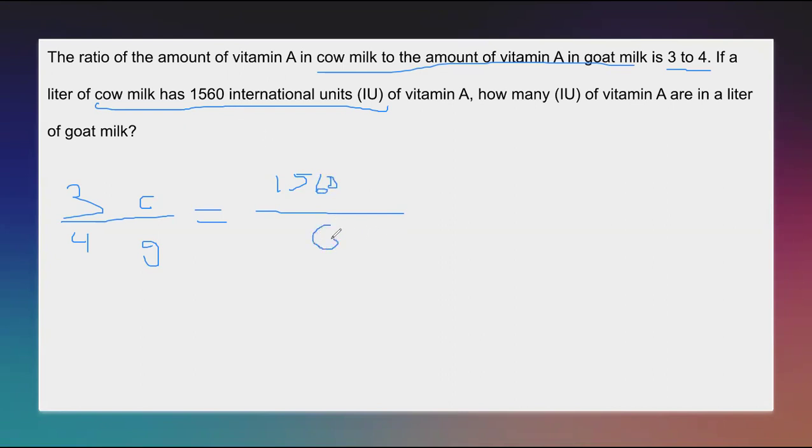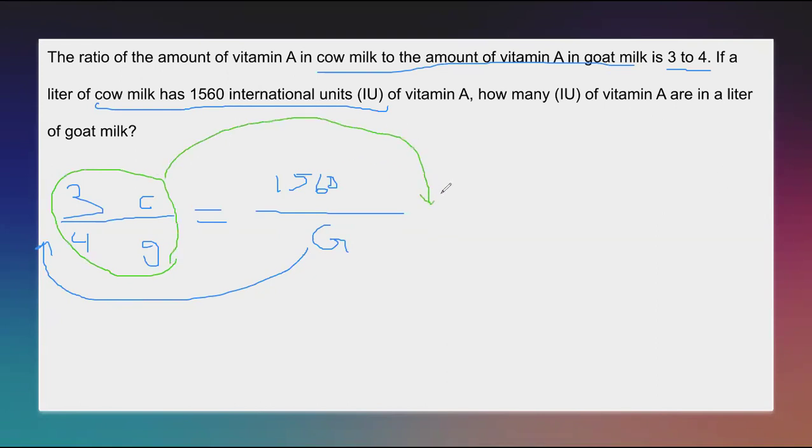So I'll go ahead and make that capital G. So you can see it's the same setup as last time where we have our variable on the bottom. So instead of bothering with that math, what we can go ahead and do is just bring G over here and bring this whole fraction over to the other side. But if we're bringing it to the other side, then we have to flip it as it goes. So instead of being 3/4, it's going to be 4/3. It's got to flip over.